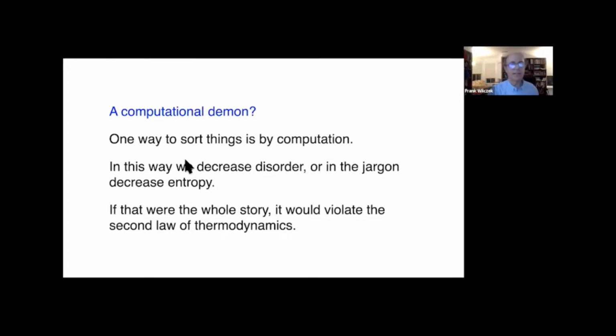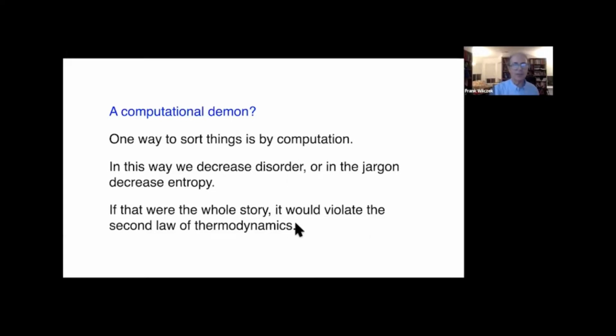Let's relate that to computation. One way to sort things is by computing, and sorting things is a primary operation of computers, a big subject of computer science. So in this way, we decrease order, or in the jargon of physics, we decrease the entropy of the system that's being sorted.